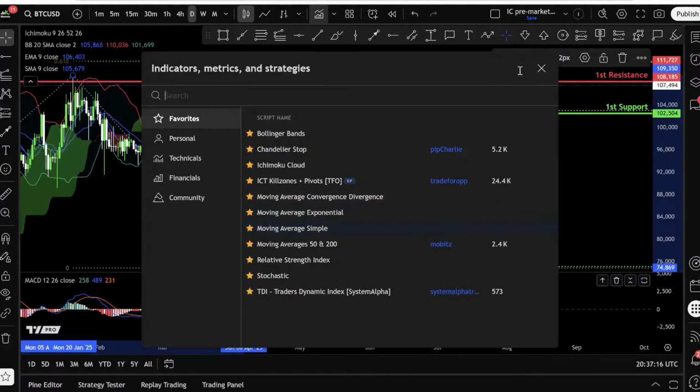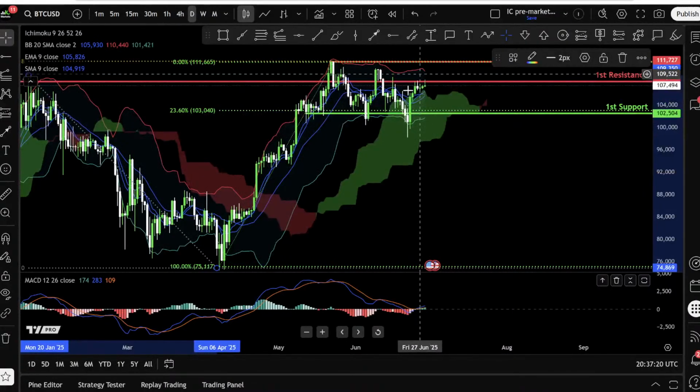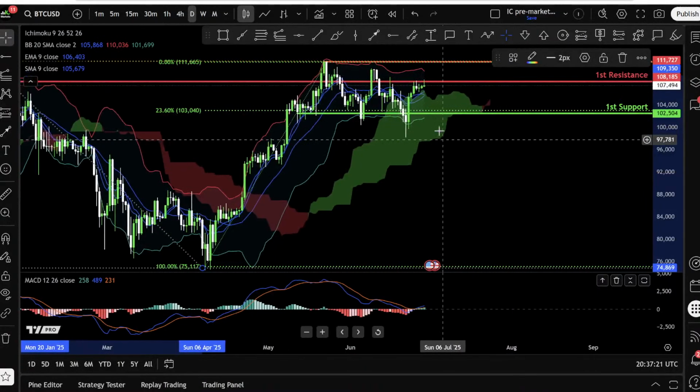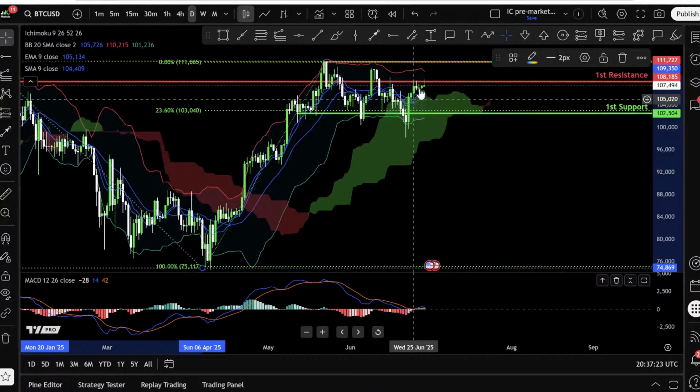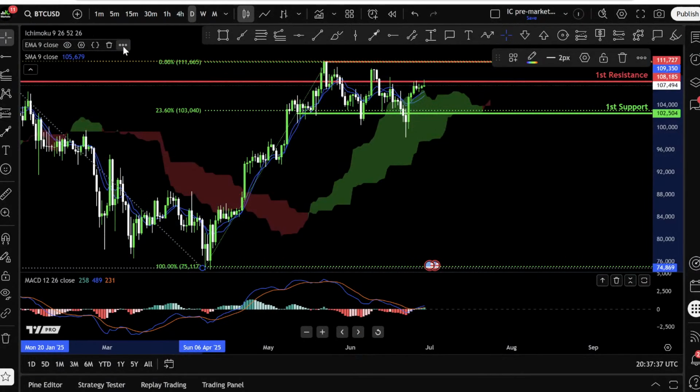EMA, SMA, you can see prices moving above that. But Ichimoku isn't really telling us much, although it is moving above that middle blue line. So it does give us a bullish signal as well, but it's not a very strong signal in terms of showing us an upward trend. So I don't really want to use this for now.